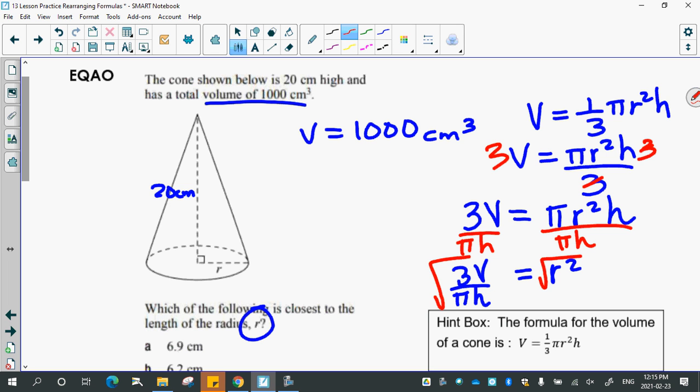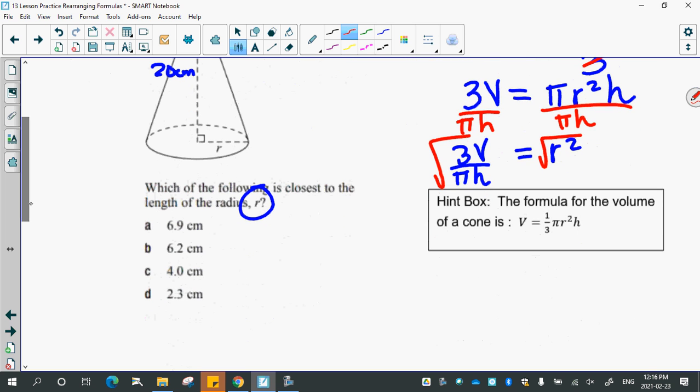So now I've got the formula down. The formula I'm going to use is r equals the big square root of 3 times volume over pi times height. Okay, that's my formula.